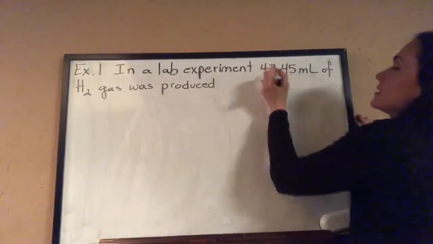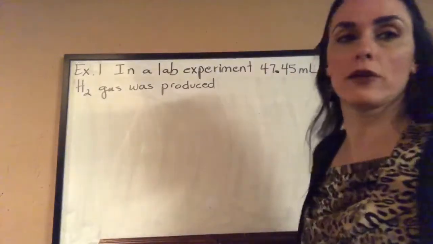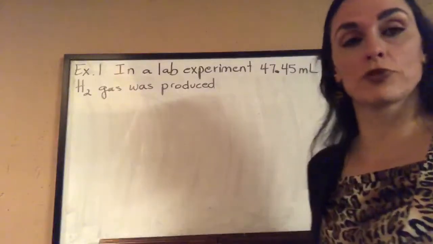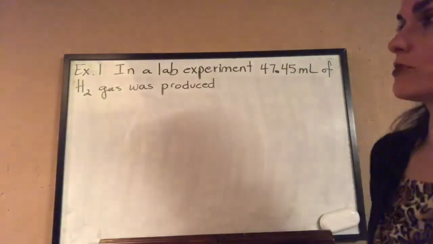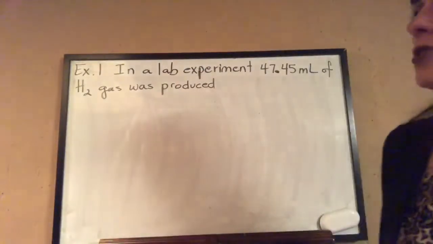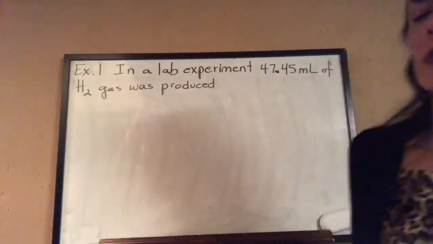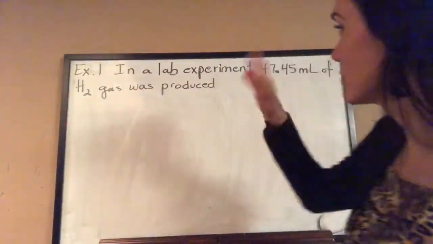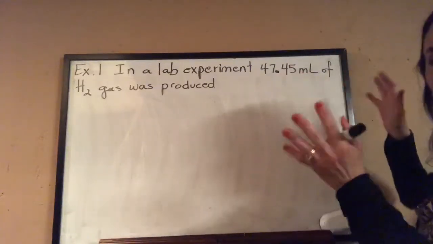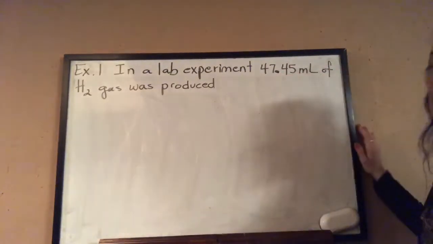So if we were doing the reaction with the magnesium metal and the hydrochloric acid in lab, hydrogen gas is produced as a result of that. It's a single replacement reaction. You have the hydrogen gas that is produced and the magnesium chloride aqueous solution as well. So the hydrogen gas is produced as a result of some reaction, and it's measured that a certain quantity, certain volume is produced. So let's say this is the volume.